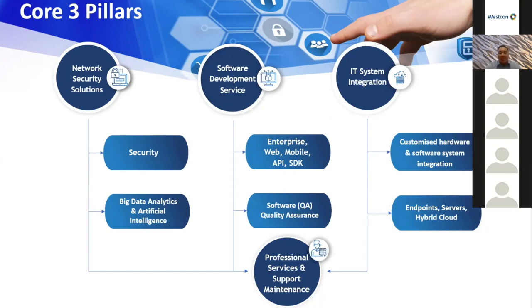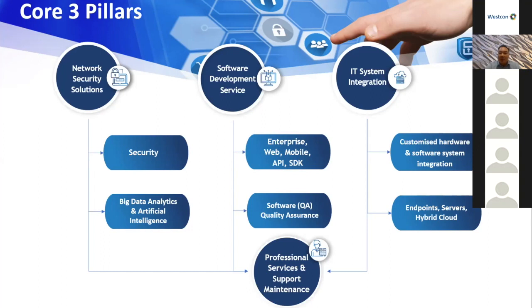But in most cases, customers will come back to us to do the software maintenance as well. We also have a team to do software quality assurance, because sometimes we have clients that do a lot of software development, and usually they leave the QA to the last portion. This is where we come in to provide software QA services.